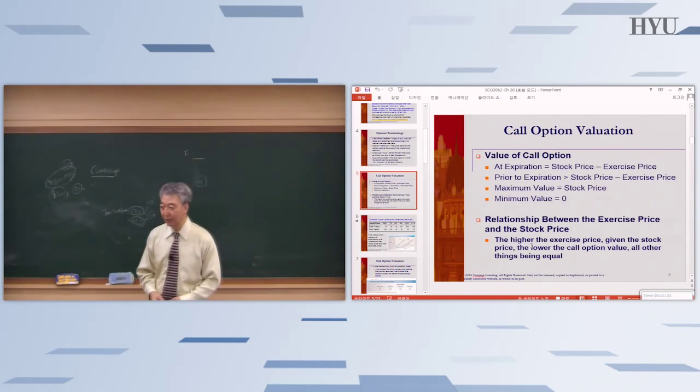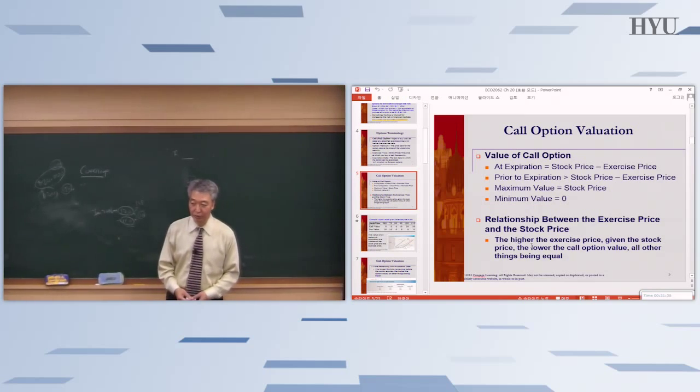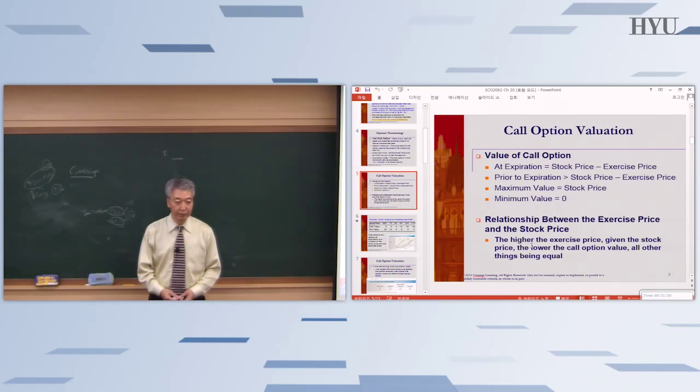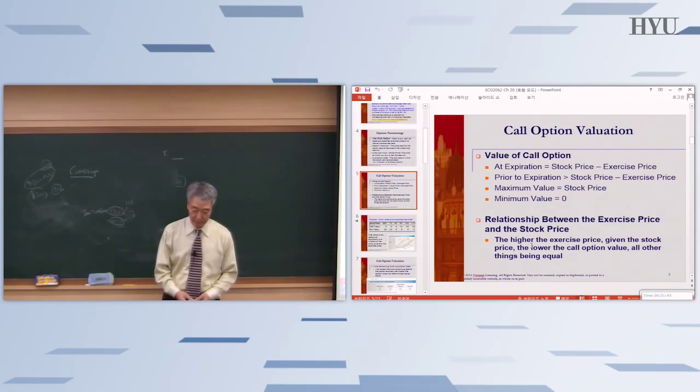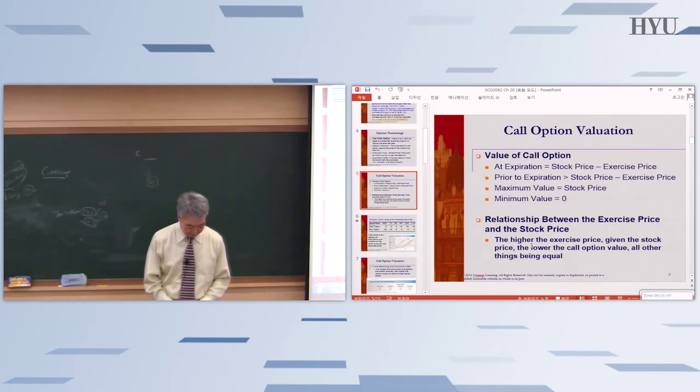The worst case is you let it expire if it's not worth it to you. So it's 0, it cannot be negative. Sorry, I'm asking a very obvious question. Maybe I'm confused by that.